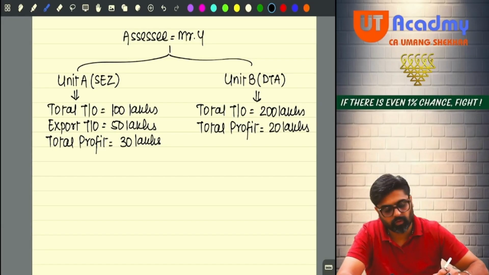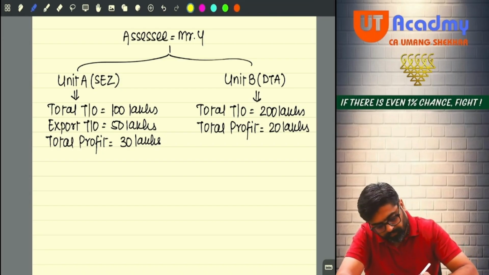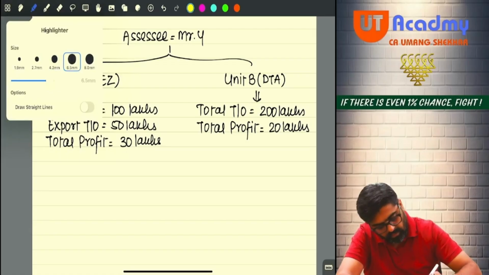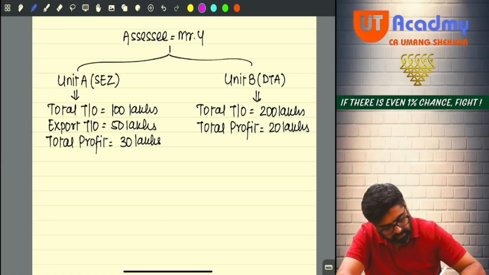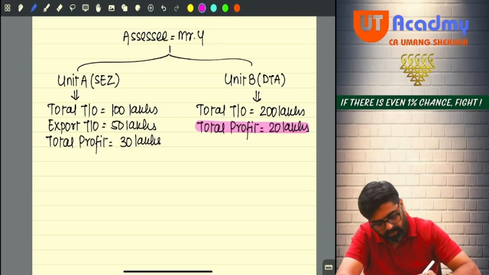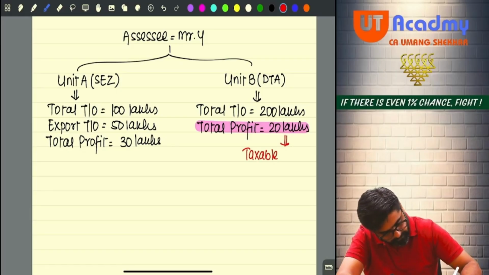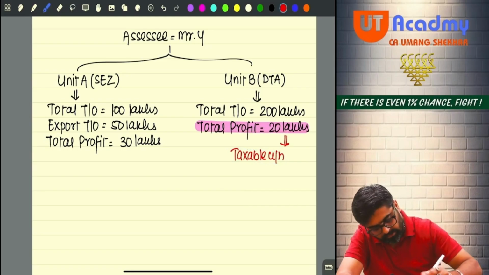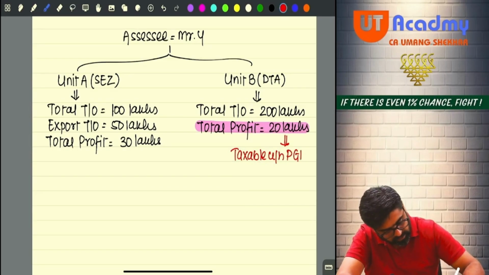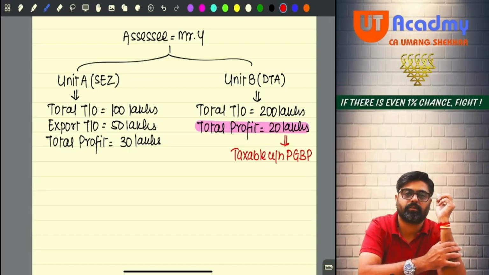Now see, can I say that this entire total profit of unit B will be taxable under the head PGBP, because nothing out of this will be exempt. No deduction, no exemption. Entire profits will be taxable.